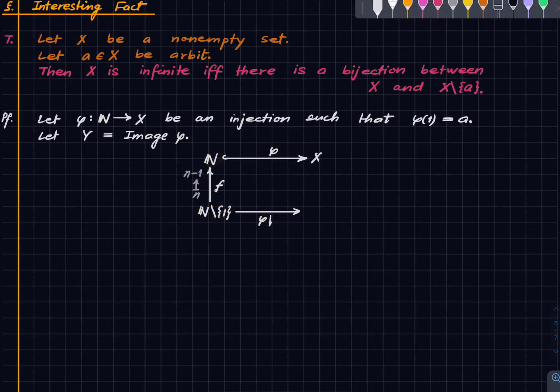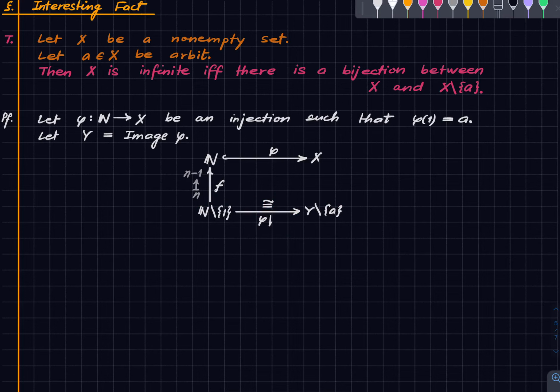And here what we will get, if we write y minus a here, this becomes a bijection, right? Because phi was mapping 1 to a, and the image of n was written as y. So phi was bijectively taking n to y and 1 to a. So if we puncture n at 1 and puncture y at a, we will again get a bijection. So this is a bijection, and that we are denoting by the symbol, the fact that this is a bijection.